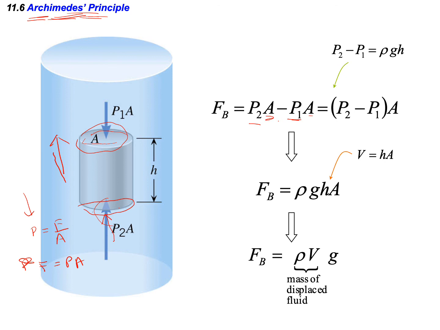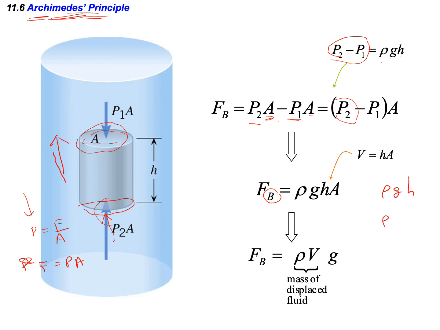So it is P2 minus P1 times A. We can write P2 minus P1 in terms of the equation as rho g h. So FB, the force difference between bottom and top, P2A minus P1A, is rho g h A. I will tell you what this B means.